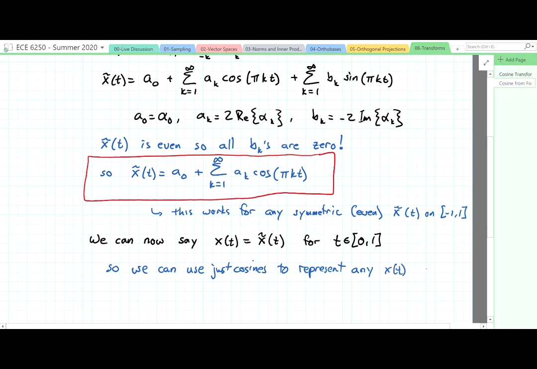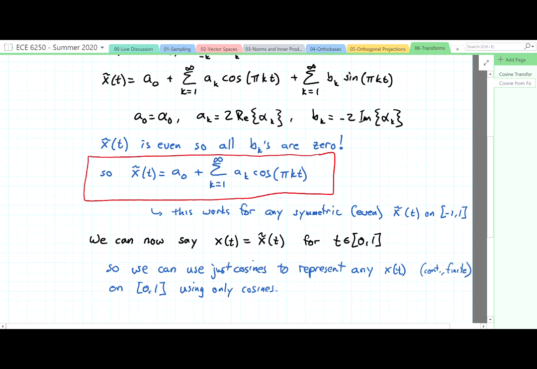Actually, x of t has got to have some constraints, but any continuous and finite x of t on 0, 1 using only cosines.